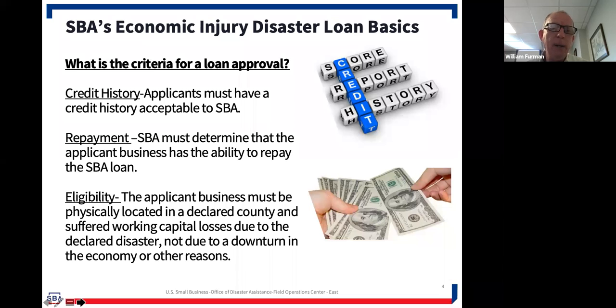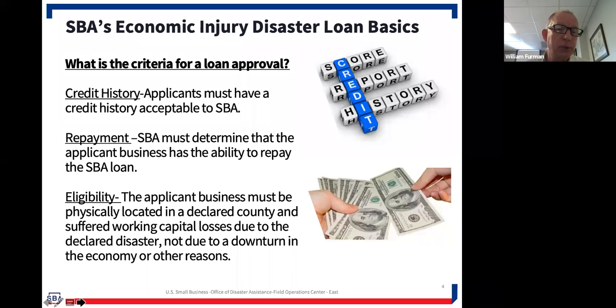If you have any glitches or derogatory accounts, you do have the ability to provide an explanation to SBA as to why that occurred. And many times in those situations, SBA is able to work around that and still approve your loan. Now, there are a couple of things that are pretty much automatic rejections on the credit history, and that is if you have any delinquent federal debt.